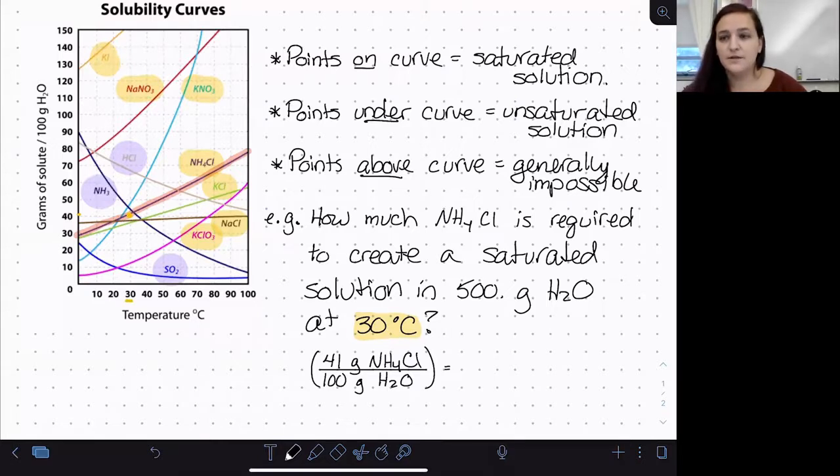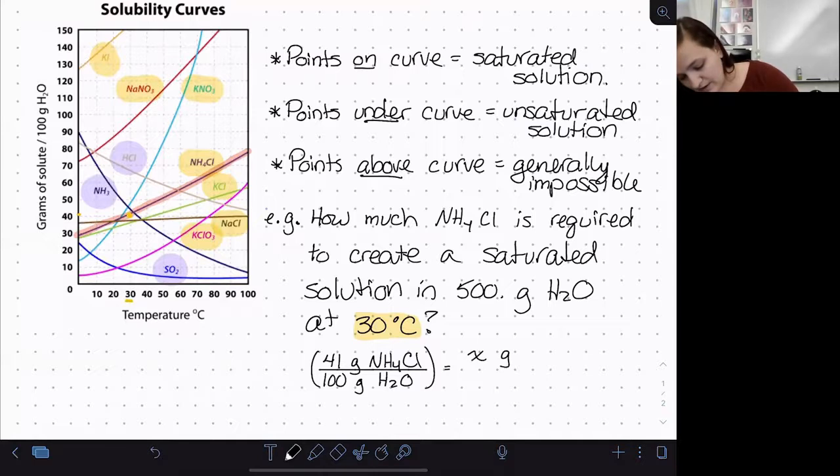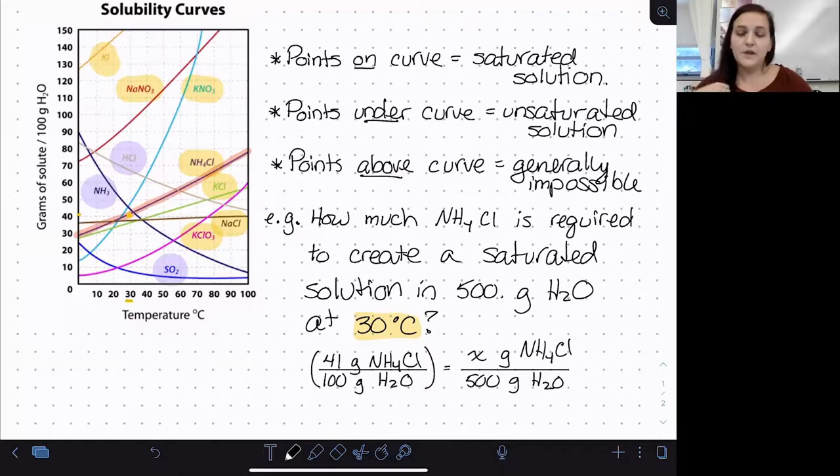So the idea of concentration is really a ratio of amount of solute to amount of solvent in this case. So we can say if 41 grams of ammonium chloride can dissolve in 100 grams, then X grams of ammonium chloride can dissolve in 500 grams of water, because that ratio is going to stay constant. A saturated solution at 30 degrees Celsius is going to have the same concentration overall, so that ratio of solute to solvent is going to stay the same.